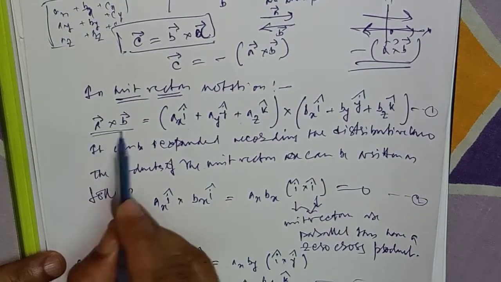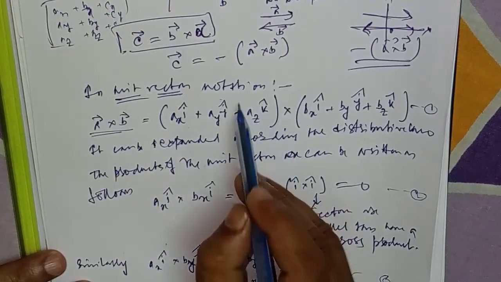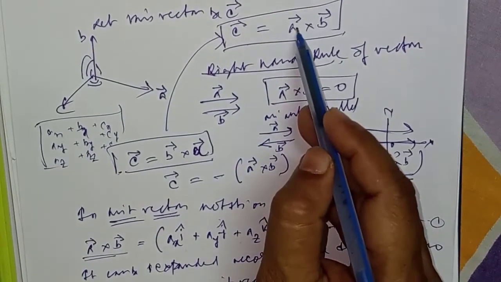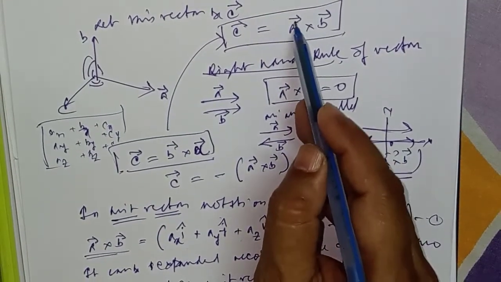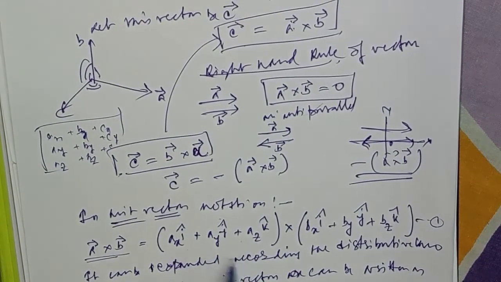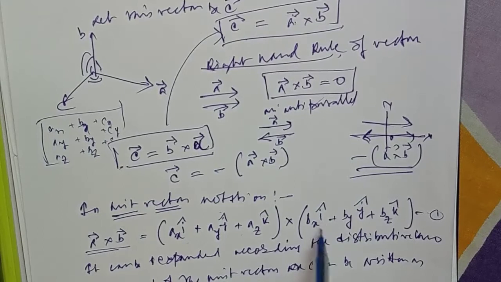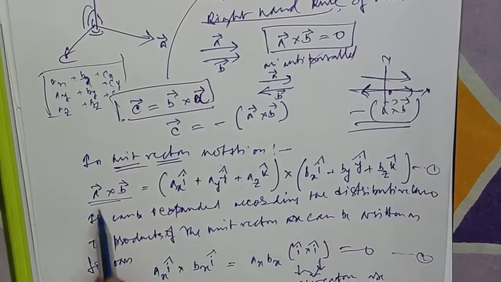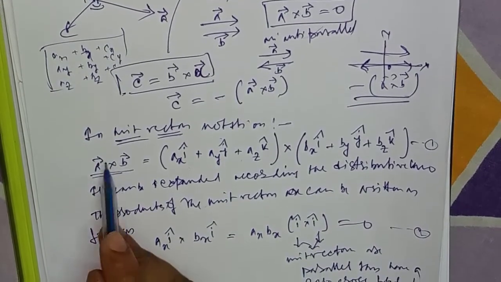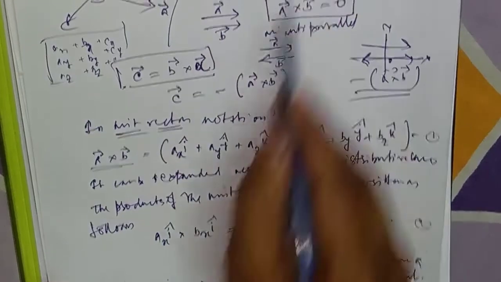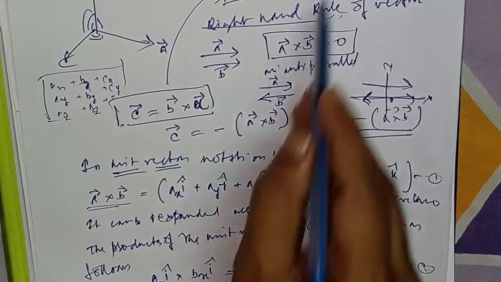So using this unit vector notation, it is similar, but we made a little change. We changed the simple A vector into the unit vector form, and bx i plus by j plus bz k. Similarly we get this. So vector A cross vector B, from here we got this.